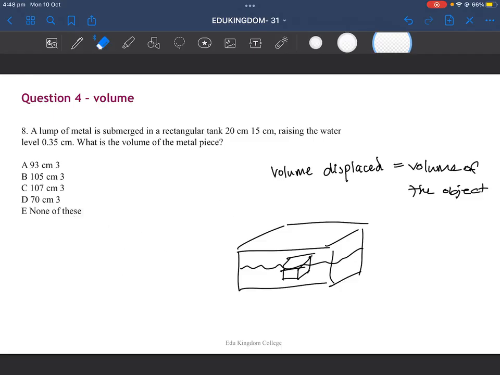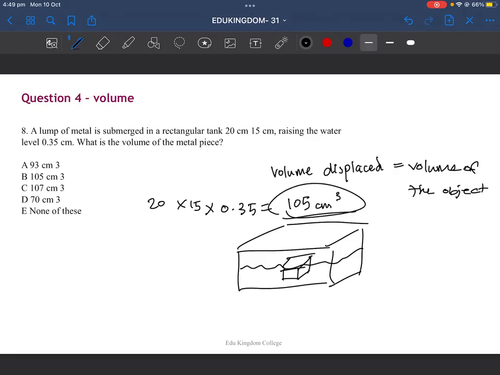So if volume displaced equals the volume of the object itself, then our calculation becomes easy. 20 by 15 by the amount of water it rose, 0.35, must be equal to our answer. And this is 105 cubic centimeters. Okay, guys? So this is option B.